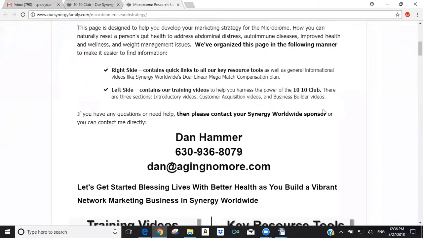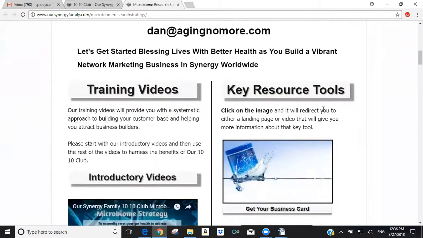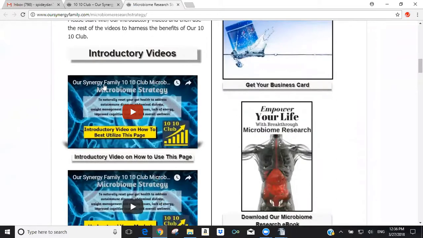As you go down, every one of these pages are all set up the same way. So whether you're on the nitric oxide page or the holistic skincare page or this page for microbiome, the left-hand side has your training videos and the right-hand side has your key resource tools. So when you go down here, we would recommend that you spend time watching these 3 introductory videos.